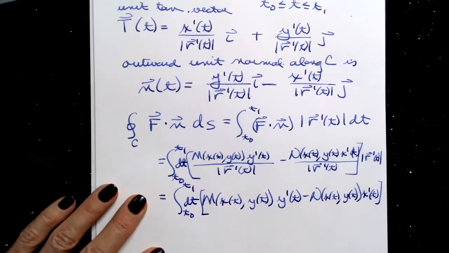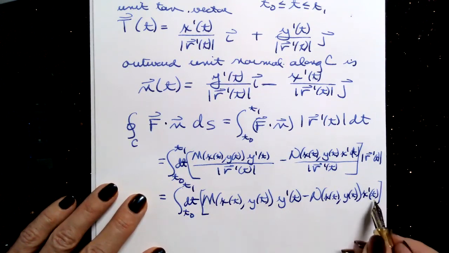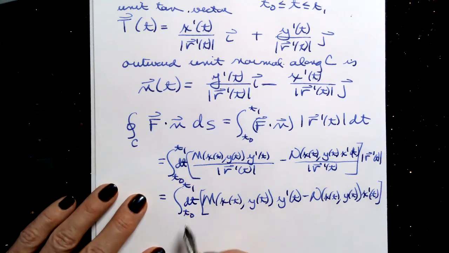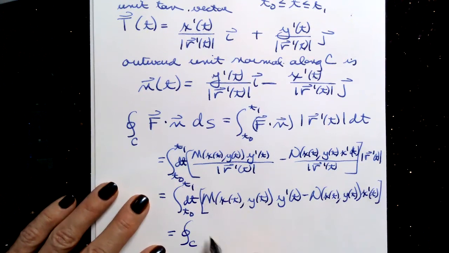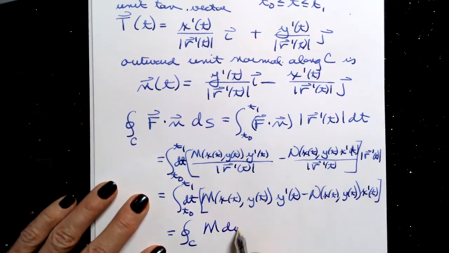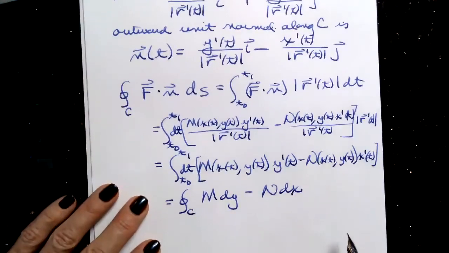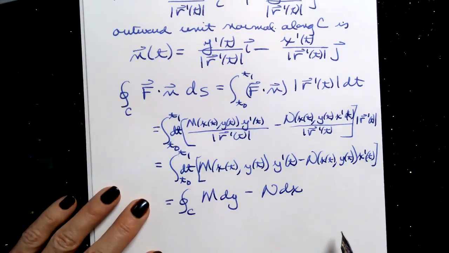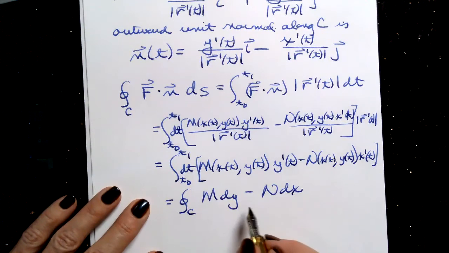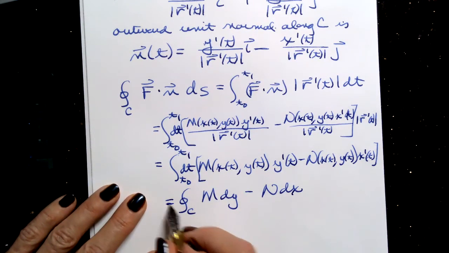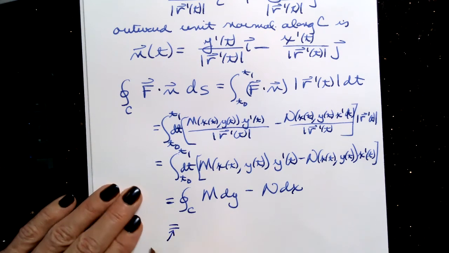But y'(t) dt is dy along the curve, and x'(t) dt is dx along the curve. So we could write that as the integral over C of m dy minus n dx, which looks a lot like something that appeared in Green's theorem, not exactly because the m and n have kind of switched places, but you can apply Green's theorem to a line integral of this form.